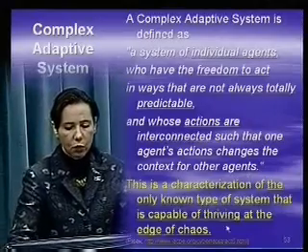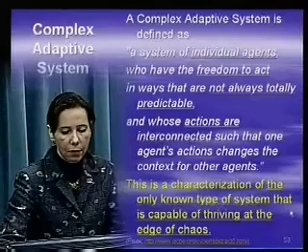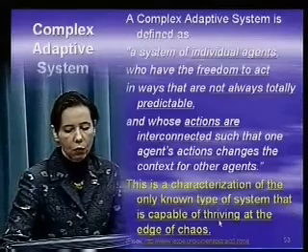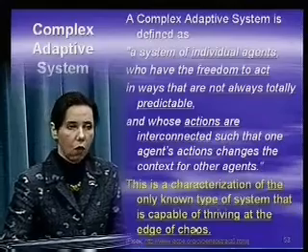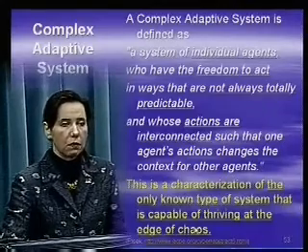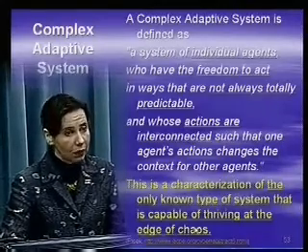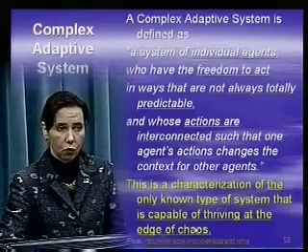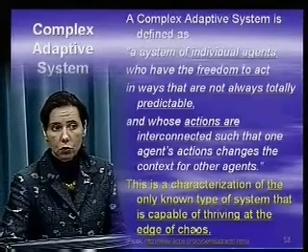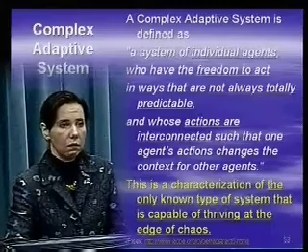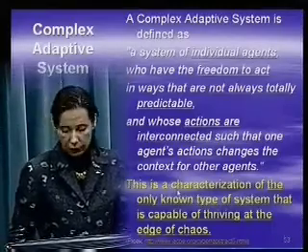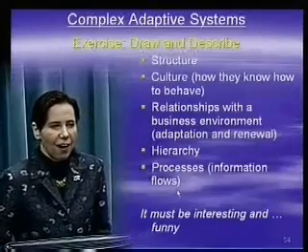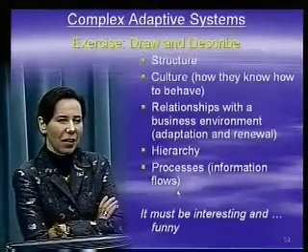This is the characterization of the only known type of system that is capable of thriving at the age of chaos. This is the only system that can survive and be successful at the age of chaos. So if you want a recipe, this is the recipe of how to thrive in the age of chaos. And this is my favorite part.